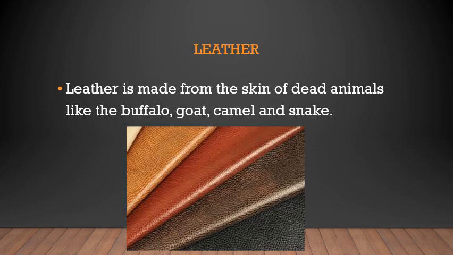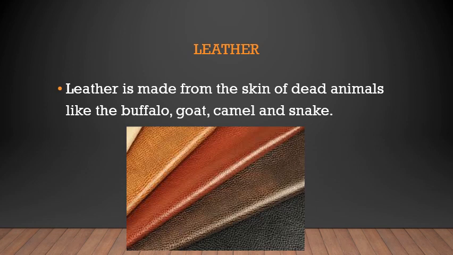After processing, it becomes leather, and this leather is also pretty expensive. Pure leather is expensive. Different things can be made using leather, like bags, coats, shoes, and belts. In your house you can see different things that are made out of leather.